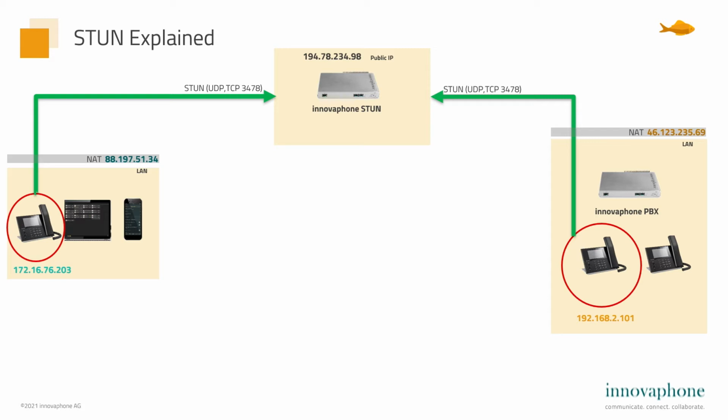On the left side, the endpoint with the IP address 172.16.76.203 and the NAT address 88.197.51.34. On the right side, the endpoint with the IP address in the 192 network and the public IP address, the NAT address, that starts with 46.